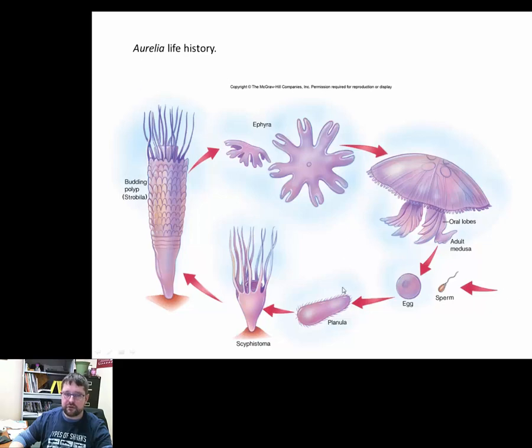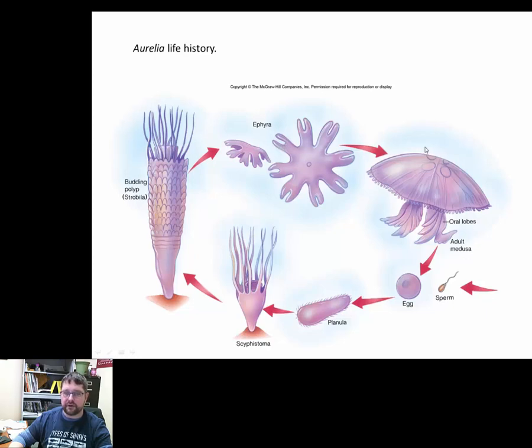So Aurelia, that genus's life cycle is fairly similar to other Cnidarians, but they have specialized names for different phases of the life cycle. Like ephyra, which is the phase of the asexual polyp that is breaking off to form the medusa form.